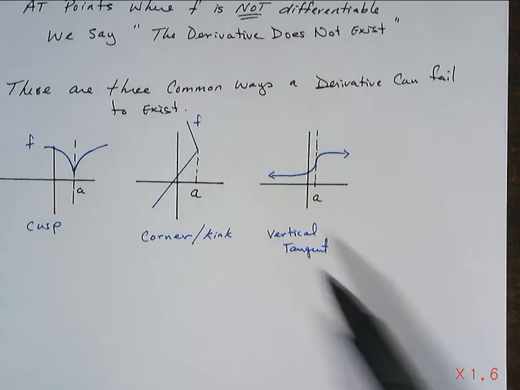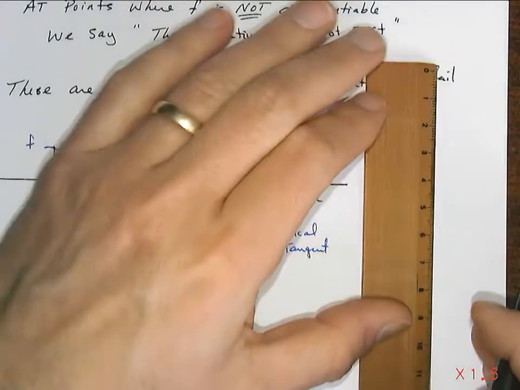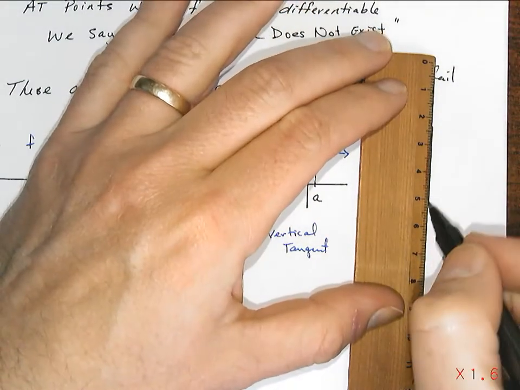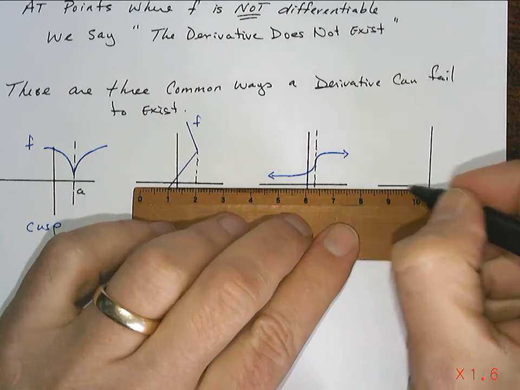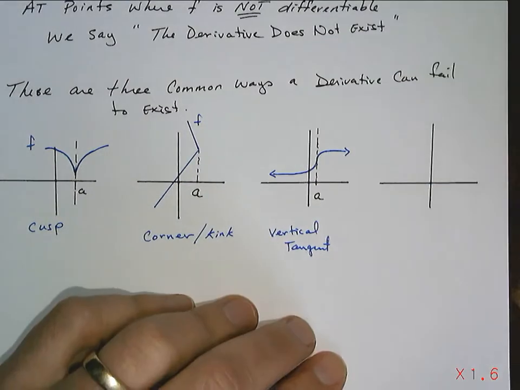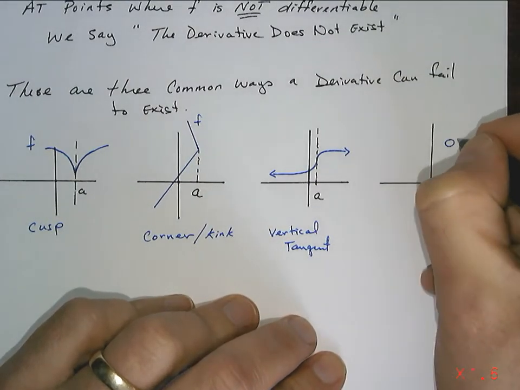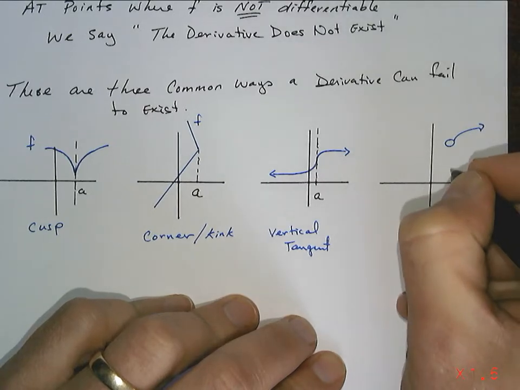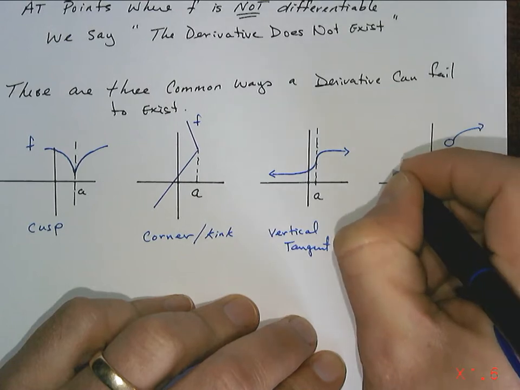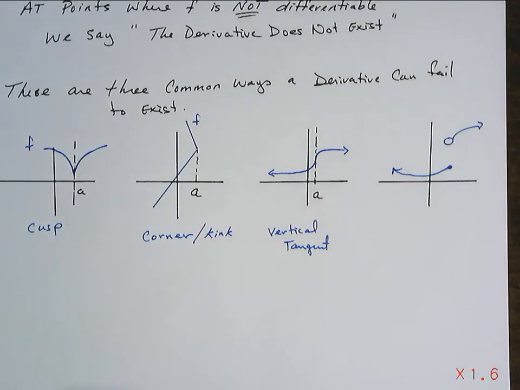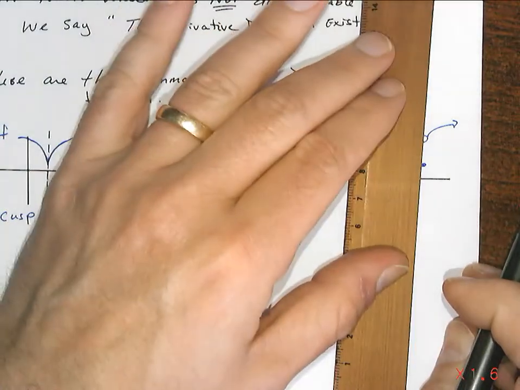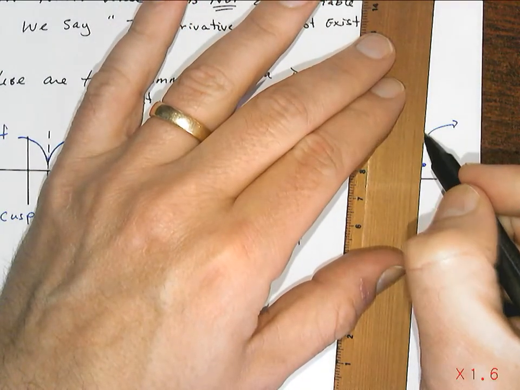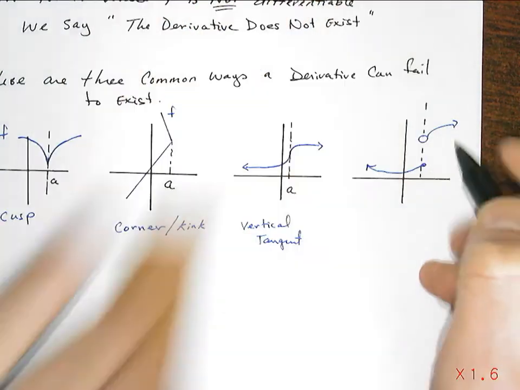And the last one that I think we'll talk about, and again, this is just a generalization, they can look very different, but they'll have the same characteristics, is maybe where the function is discontinuous at x equals a.